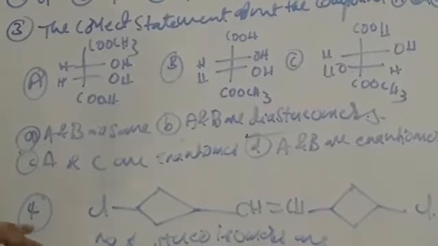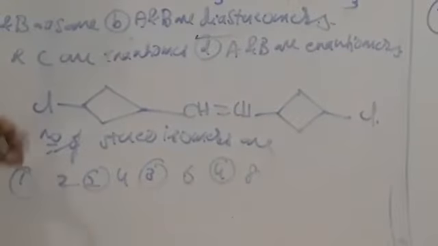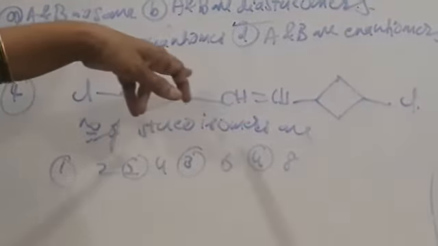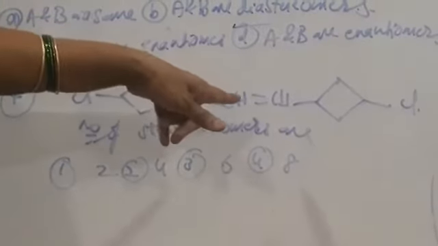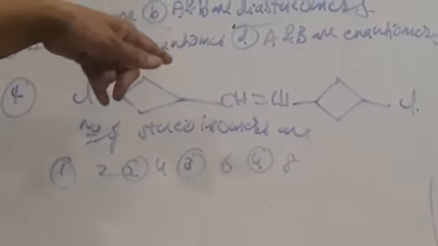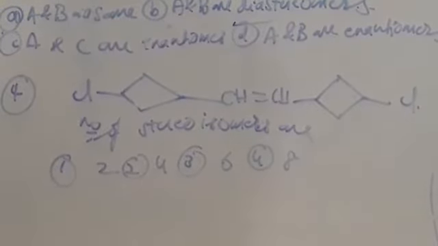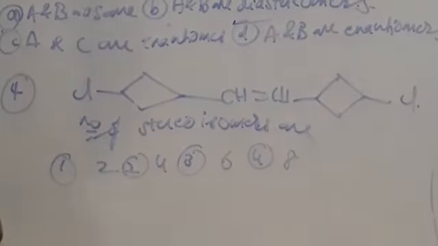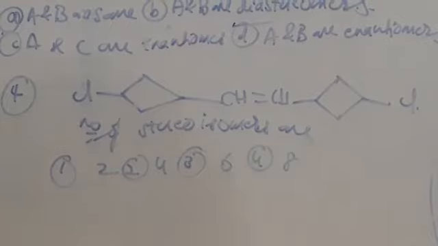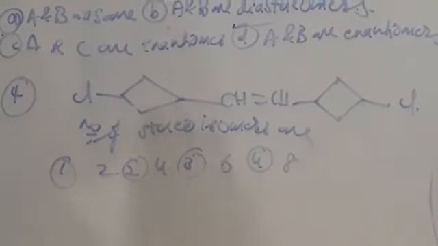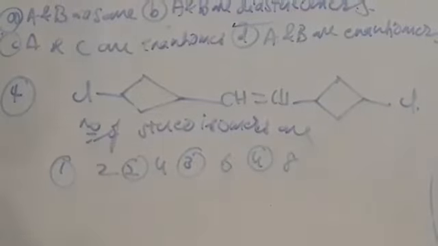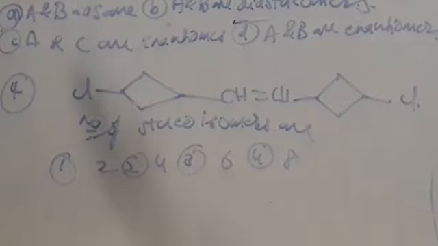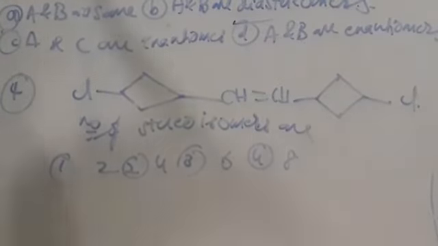Next, see this compound, Cl, and it contains 2 cycloalkane rings and also 1 double bond in it. In this compound you have to calculate the number of stereoisomers. To calculate the number of stereoisomers, here both the ends are the same. And the formula is 2 to the power n minus 1 plus 2 to the power (n plus 1 by 2) minus 1.